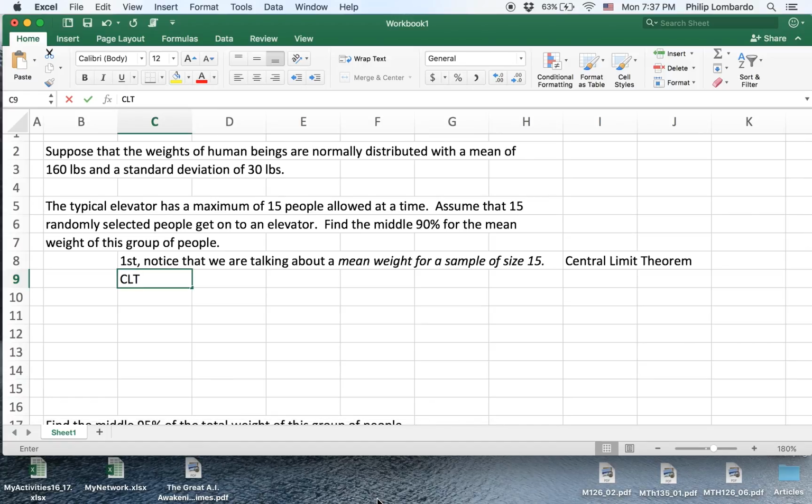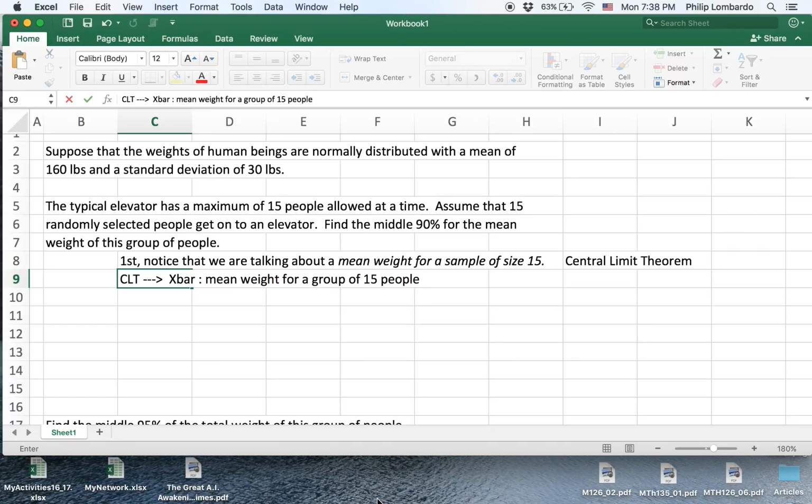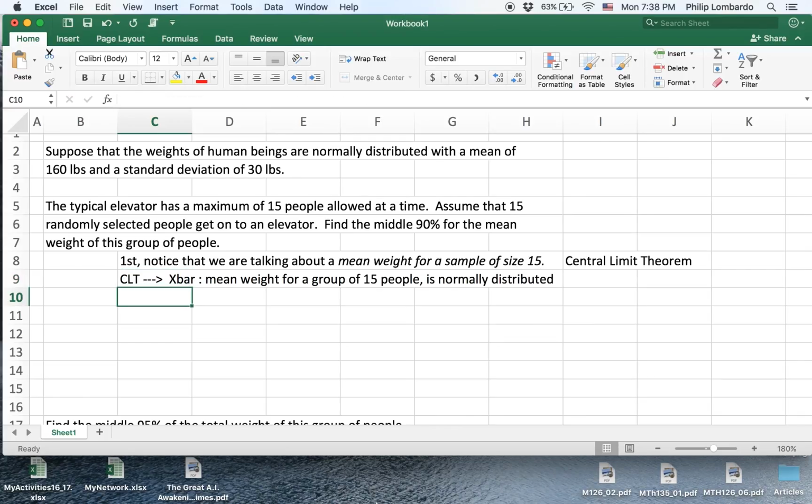Essentially, what the central limit theorem implies is that, first of all, let's call x bar the mean weight for a group of 15 people. This is normally distributed. Moreover, we know that mu of x bar, or the mean of this x bar, is going to be the same as our original population.